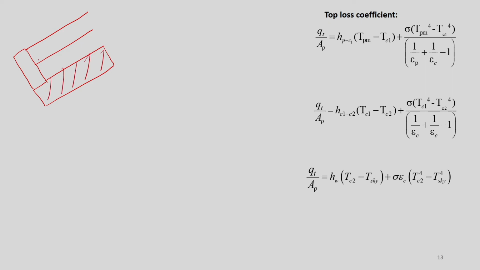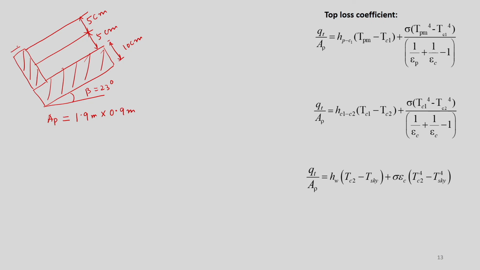So, this is given as 5 centimeter, this is also 5 centimeter, and this is 10 centimeter in the problem, and this angle beta is given as 23 degree, and the plate area is given as 1.9 meter by 0.9 meter, okay.